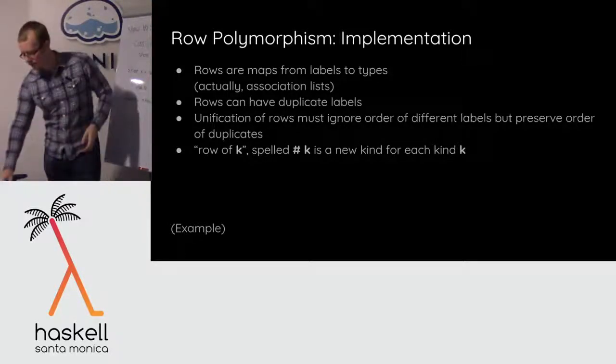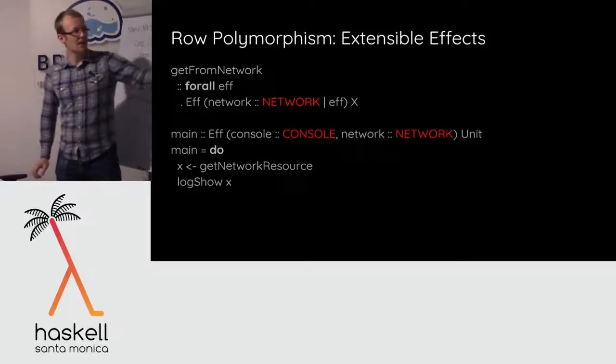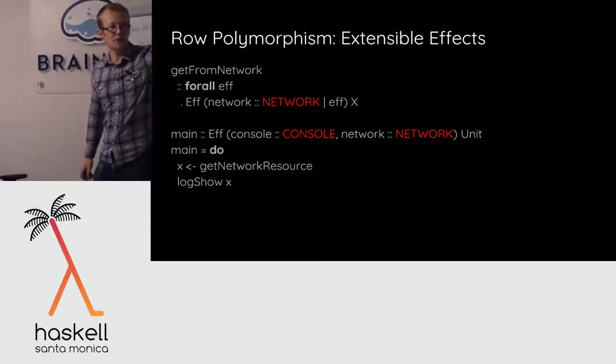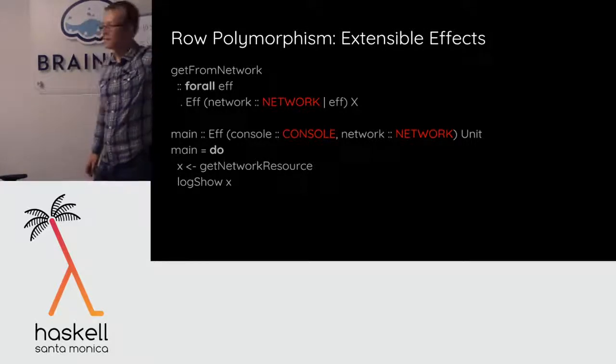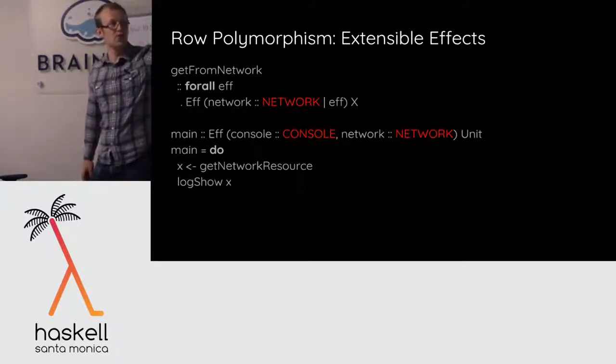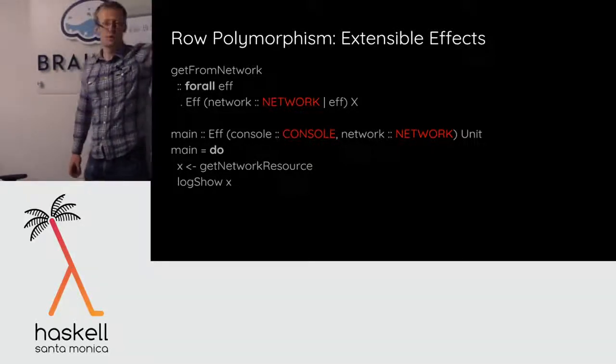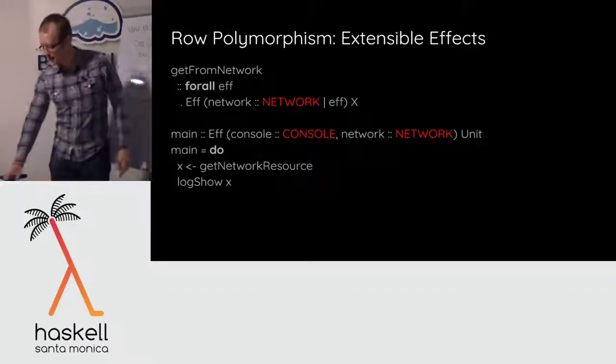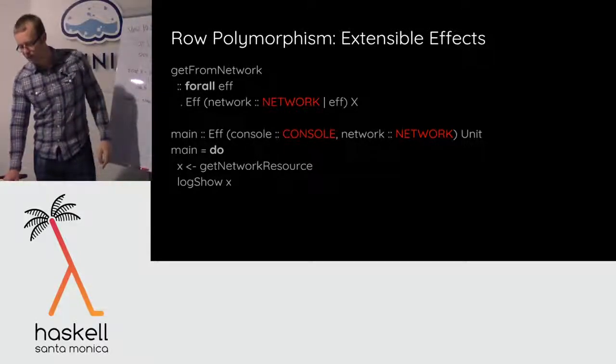So for example, if I have this console here and I have to unify the type of get network resource with some type that involves this row, which involves console. Console doesn't appear in this row, but it's polymorphic in the tail, so I can always just push the console constraint into the tail, right?